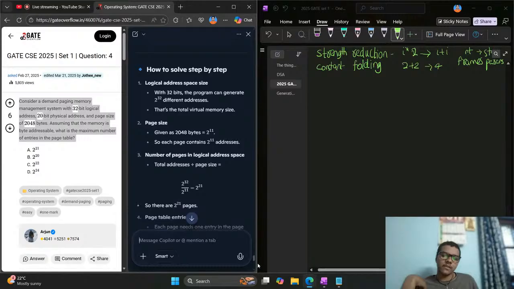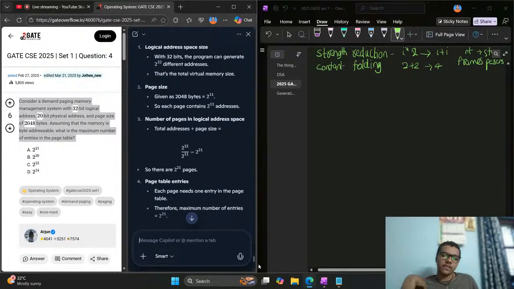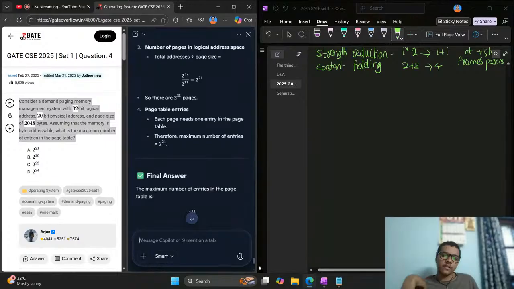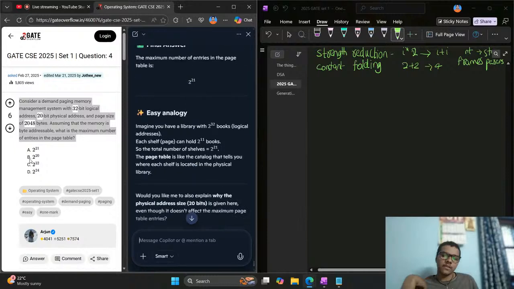Physical address. Each page needs one entry in the page table. Let's see the analogy. 2 power 32 books, logical addresses. Each shelf can hold 2 power 11 books.